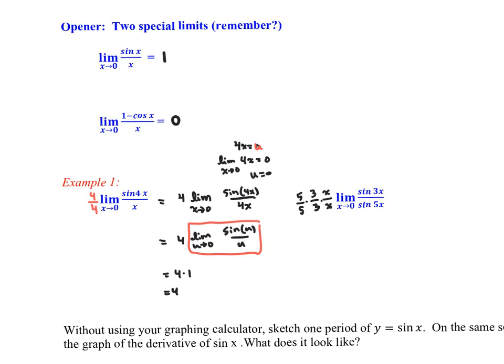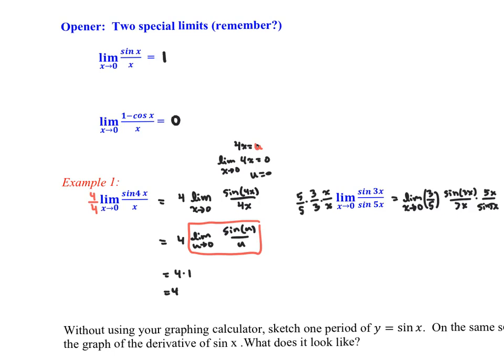Okay, so now this limit would equal the limit as x approaches 0 of, let's keep this 3/5 right here, and bring in the 3x from the denominator, as well as bring in the 5x from the numerator.